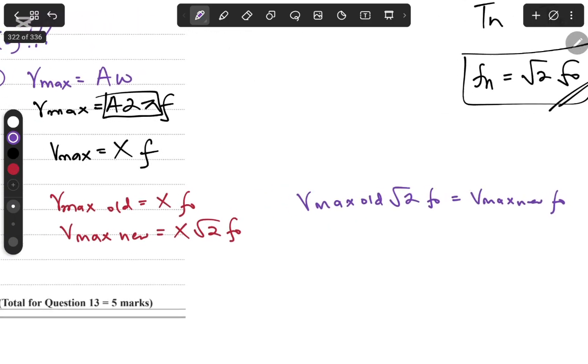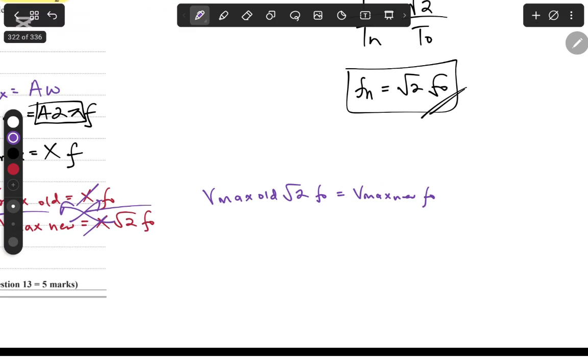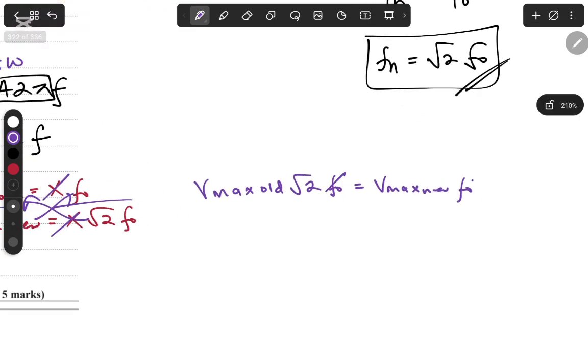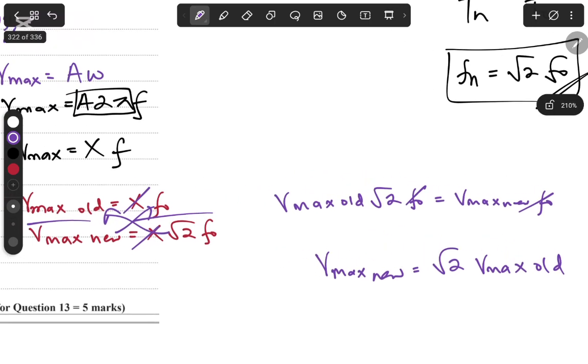And then we take both equations, and what we do is I'm going to divide both the equations, this equation and this equation. This is going to cancel out, and then I cross multiply both things. And then after I cross multiply, I'm going to get this as my expression, and then I cancel the old frequency out, and I'm going to get the new maximum velocity is square root 2 times the old maximum velocity. So let's find the new kinetic energy.